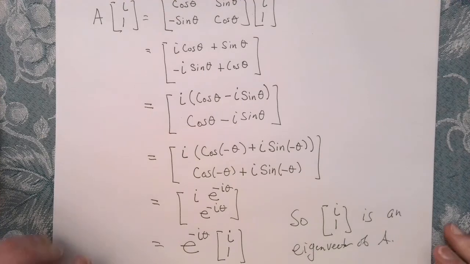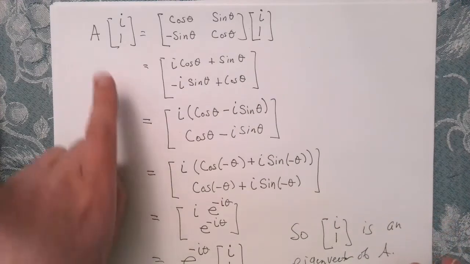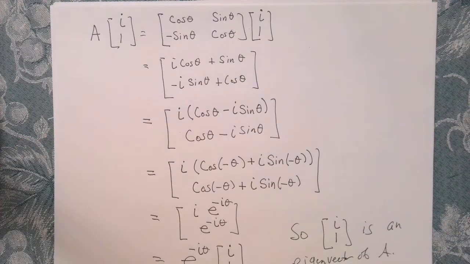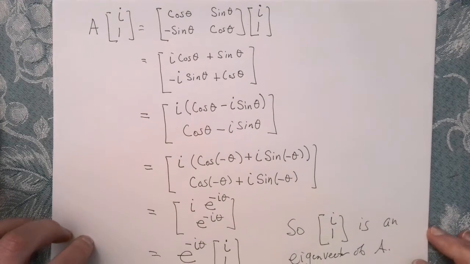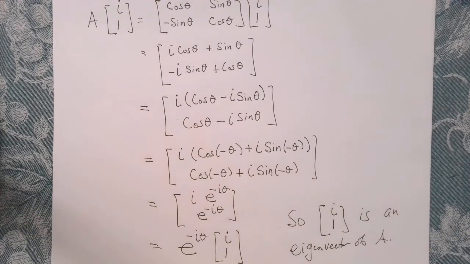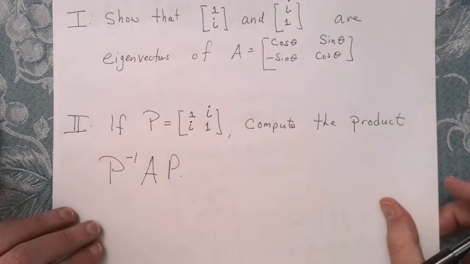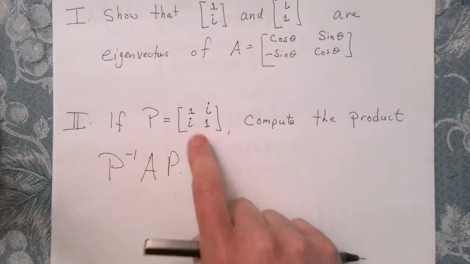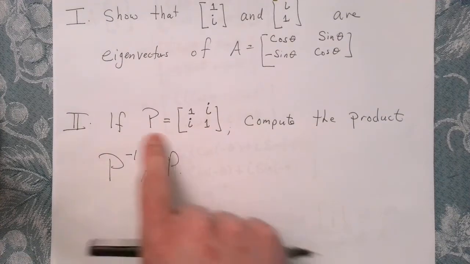Okay, so that finishes the first part. Again, that means we've got A times vector equals lambda times vector. Okay, that seems pretty good. Let's work on part 2. Let's take a look at the problem just once more. If P is this matrix, we want to compute this.